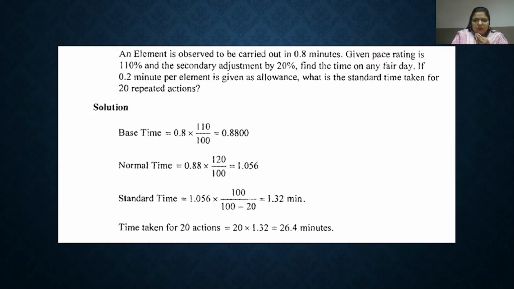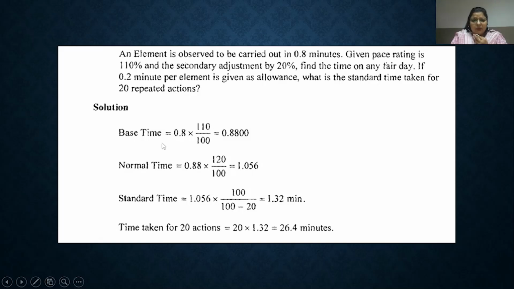Another question. The element is observed to be carried out in 1.8 minutes. The given pace rating is 110, and the secondary adjustment is 20%. Find the time on any fair day if an allowance of 0.2 minutes per element is given. So now what will we do?